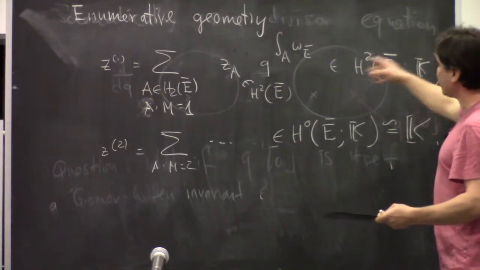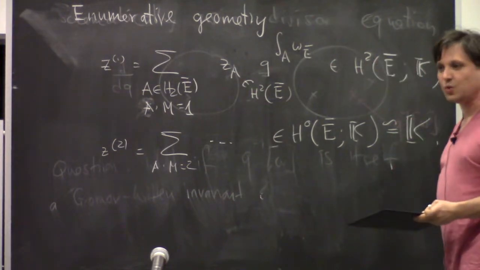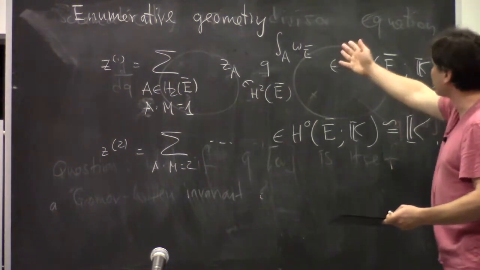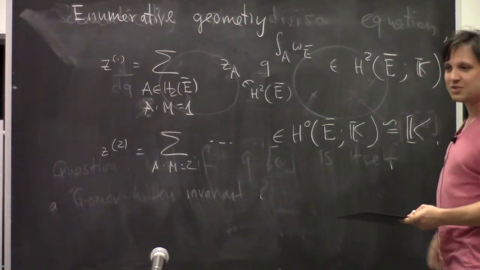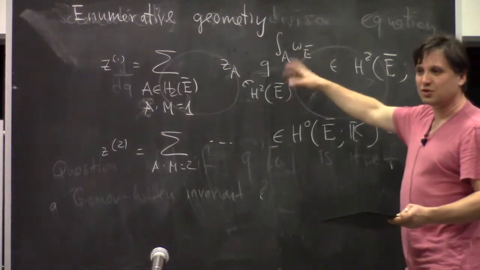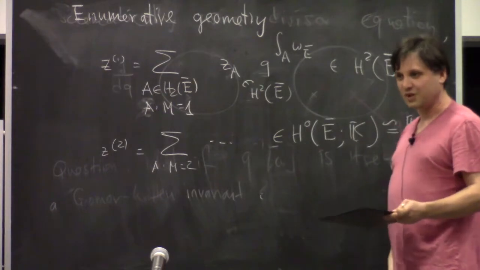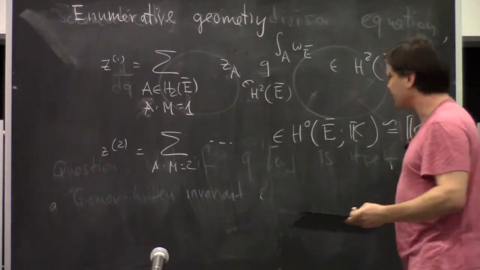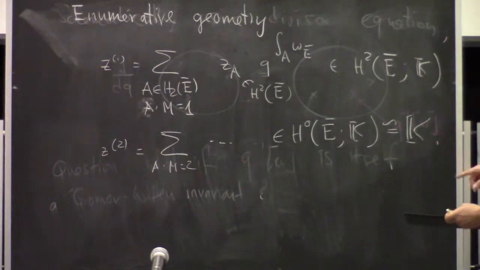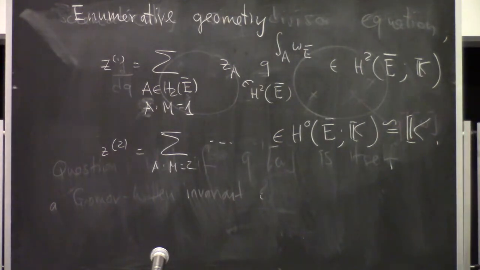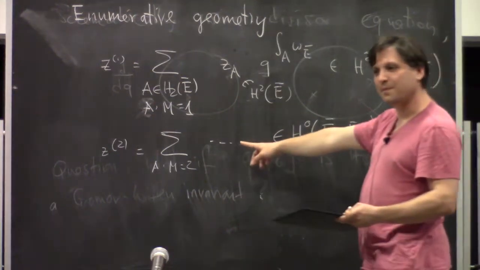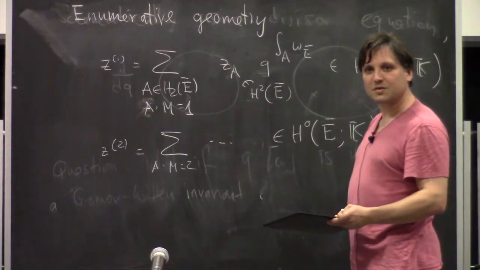K is some ring that is a ring of formal functions in Q. Let's say if everything is integral, you could take a Laurent series ring, but in general it's not integral, so you want to take some ring of Novikov series. Okay? So this thing here is the first guy that appears in here. This is this first coefficient. Okay? So Z of A is exactly what?